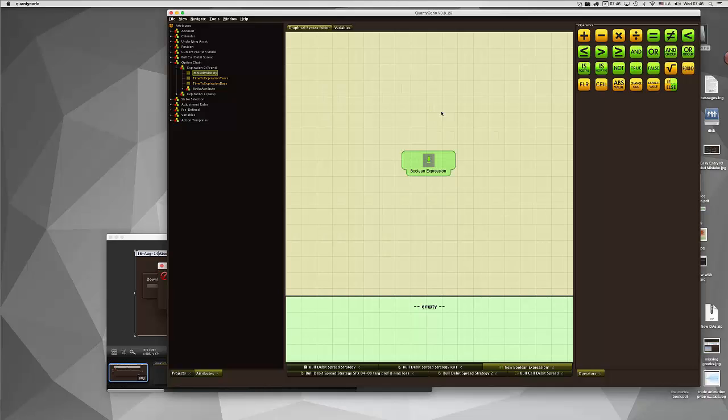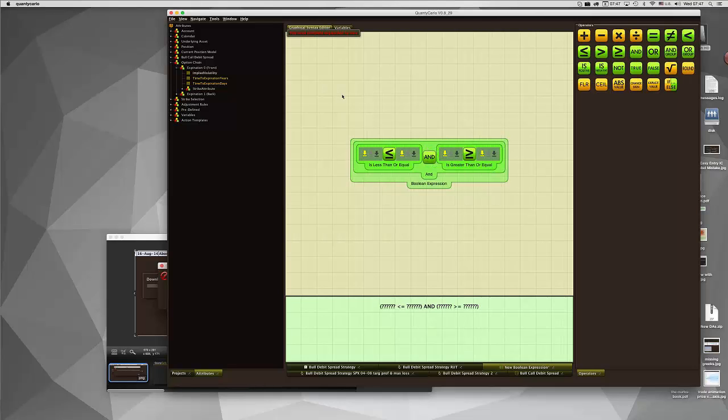So if I'm looking for a particular range, I would put an "and" here, and then I would say that it's less than or equal to a certain amount, and then greater than or equal to a certain amount.